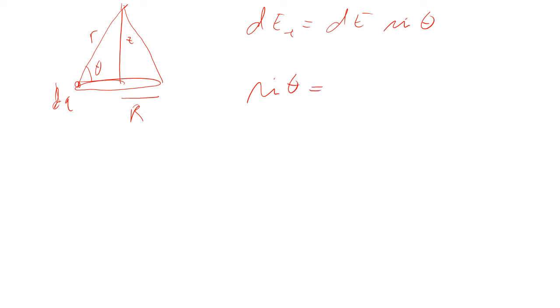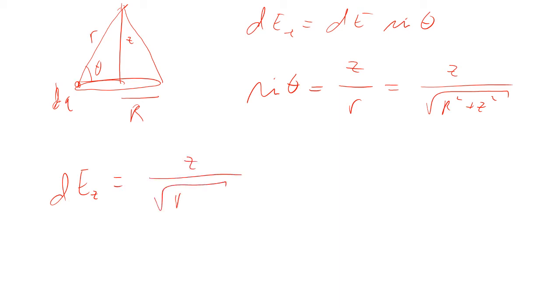Well, what is sine theta? In our diagram, sine theta is going to be opposite over hypotenuse. The hypotenuse is the distance between the dq and that point z. By the Pythagorean theorem, that is the square root of r squared plus z squared. So that means my dEz is going to be z over the square root of r squared plus z squared times dE.